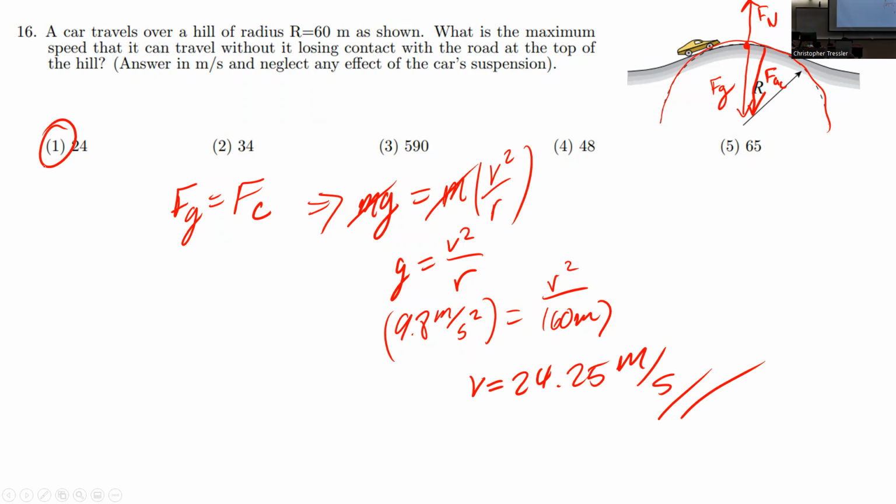That is a good question. Let me think about this for a second. At the end of the day, the force of gravity is the same, right? But do you know what the normal force definition actually is? We're going to do a problem that works with something similar to this.